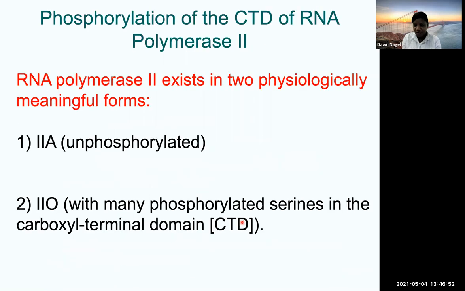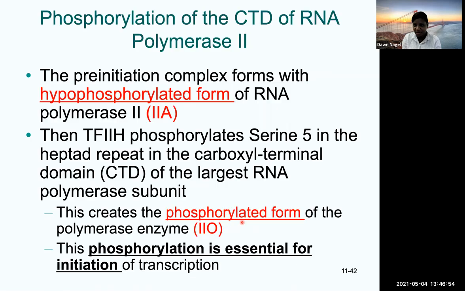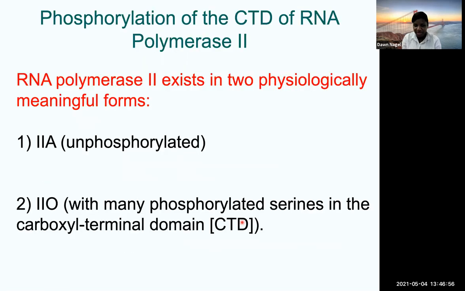Okay, let me just finish these 2 slides and then we probably have to stop and go, because the next set of slides are going to be lots of information too. So the phosphorylation of the C-terminal domain is important, as I mentioned, for initiation and elongation. The form that is present when it's unphosphorylated is RNA polymerase 2A.